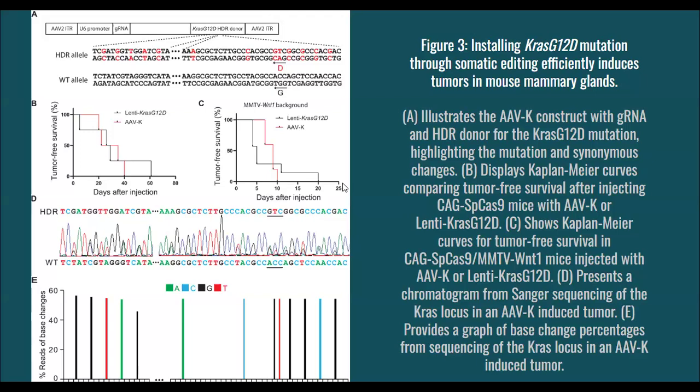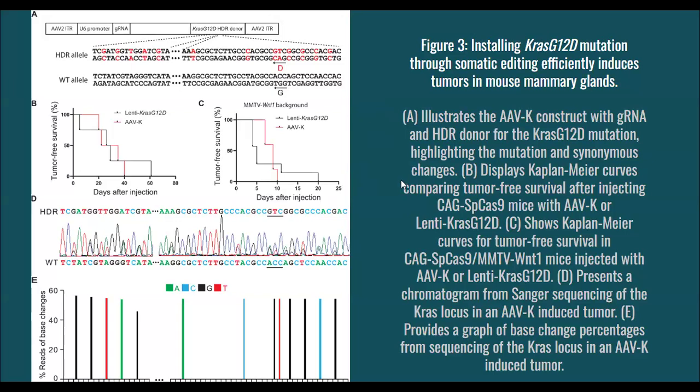They then monitored the impact of this mutation on the onset of tumor development using Kaplan-Meier survival analysis, showing that the mutation leads to tumor formation in both general and specific MMTV Wnt1 genetic backgrounds, with the latter being more rapid.